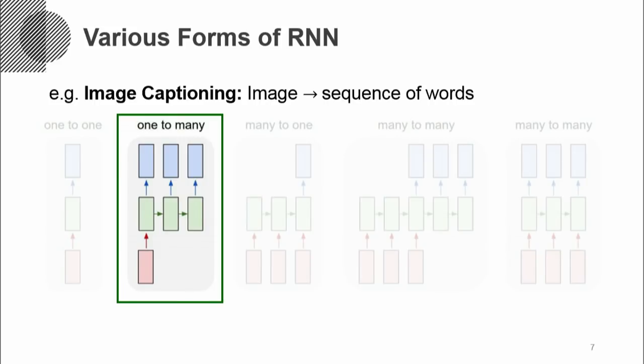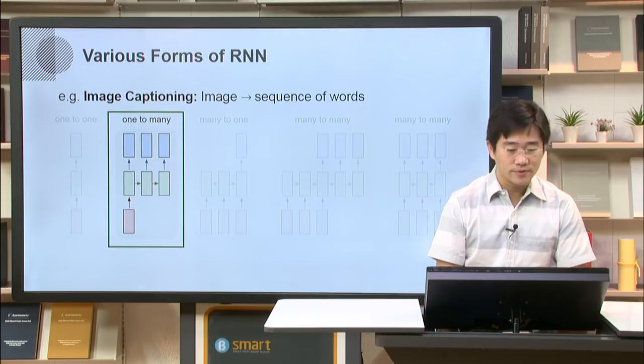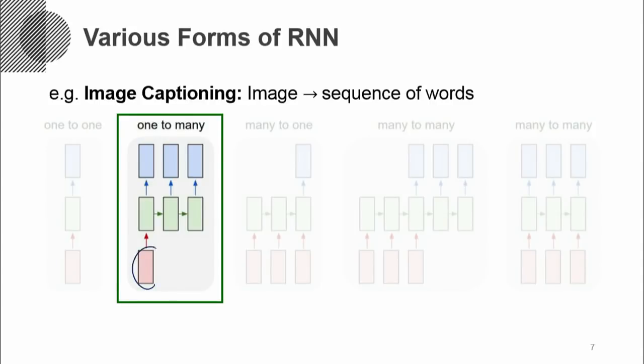But when considering this RNN setting, where the input or output is a sequence of some information, in this case, we take the input as a single time step input, and then it goes through the same RNN module, and at the same time, it will generate the output at every time step. So for example, given a particular image, it generates a sequence of words that explains this image, and this word is generated one by one at each time step.